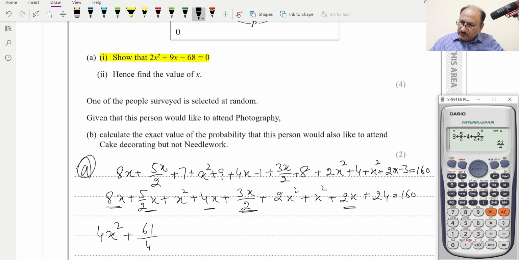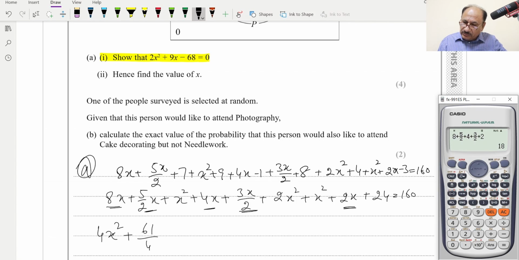If we just double check, 8 plus 5 over 2, then plus 4, plus 3 over 2, and plus 2, this is 18.